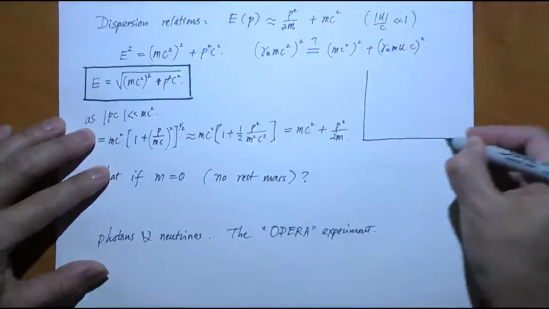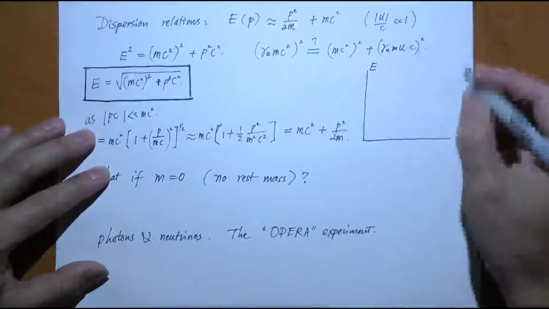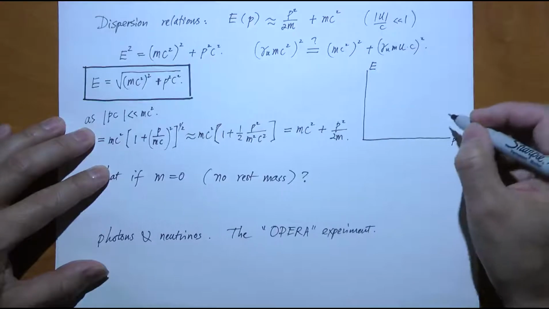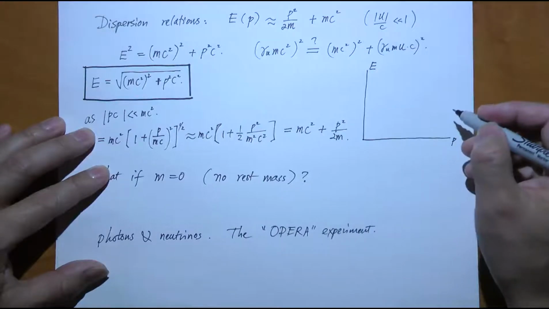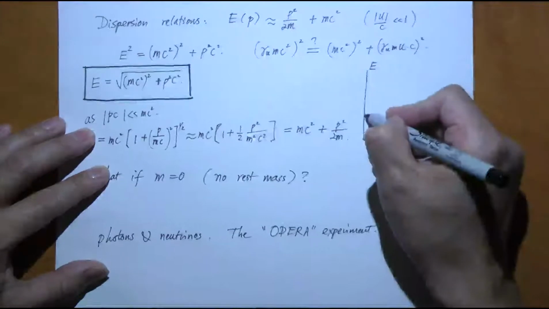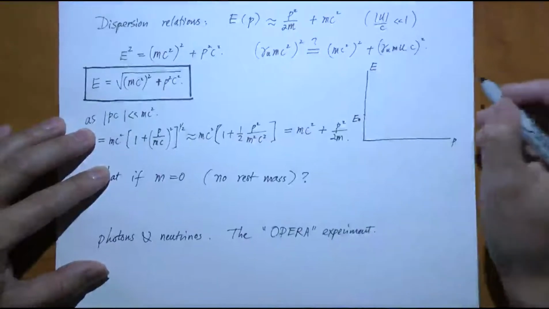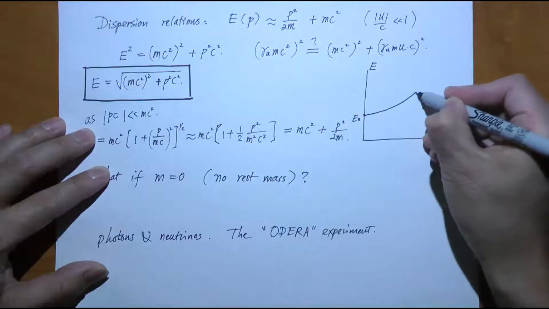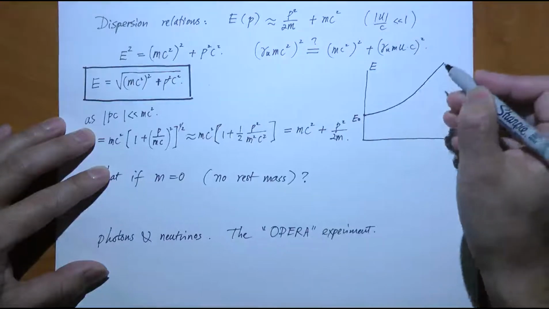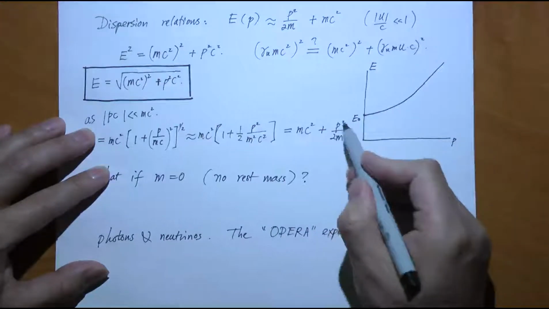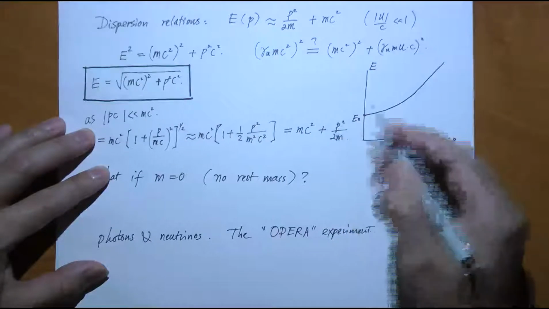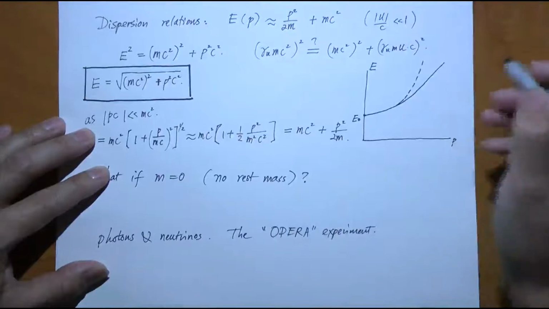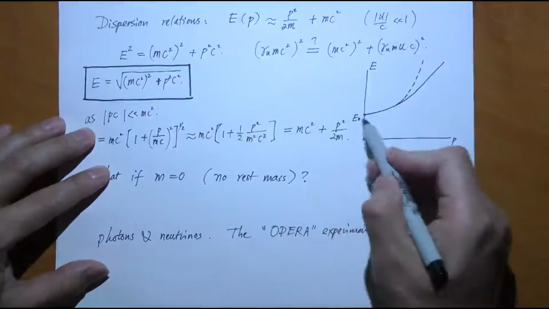If we plot E as a function of pc, or as a function of p, what do we get? Well, when p equals 0, I get E naught, which is mc squared, and the curve looks like this. Classically, this is a quadratic term. It's a parabola, and it will look like this classically. In the relativistic case, at low speeds, it's also a parabola.